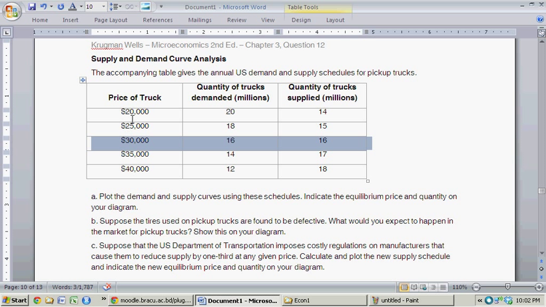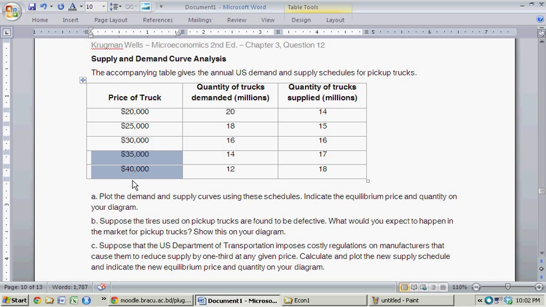If the price was any lower, you'd find that the quantity demanded exceeds the quantity supplied, and then you have a shortage. At any price higher, at 35 or 40,000, the quantity supplied is greater than the quantity demanded, and you'd have a surplus, these excess trucks sitting on the market.